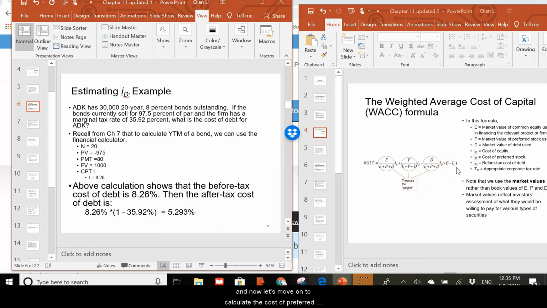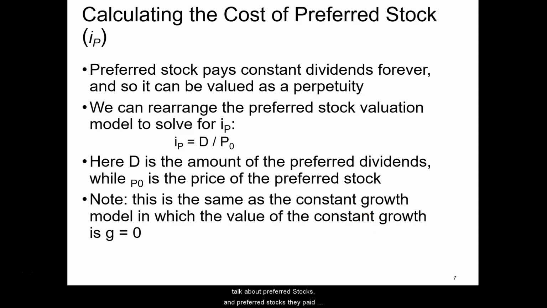And now let's move on to calculate the cost of preferred stock. If you recall from Chapter 8, we talked about preferred stocks, and preferred stocks pay preferred dividends, and the amount of preferred dividends are usually constant forever. So we try to value the preferred stock as a perpetuity.